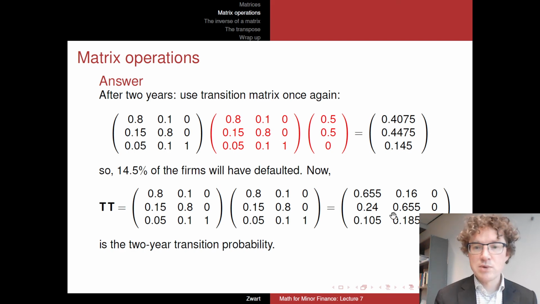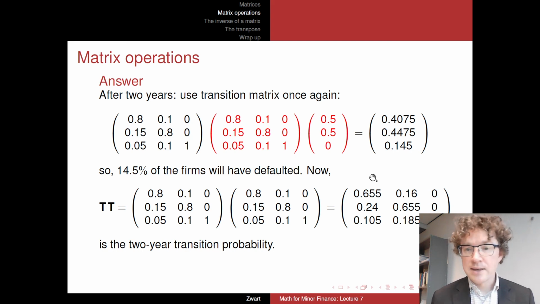So what this says is, if you start out today in category A, what's the likelihood that you end up in category A? Apparently that's exactly 65.5%. That's my transition probability: if I start out today in A, after 2 years I will again be in A. How does that arise? Through two ways. Either I stay in A the first year and then I stay in A the second year as well.